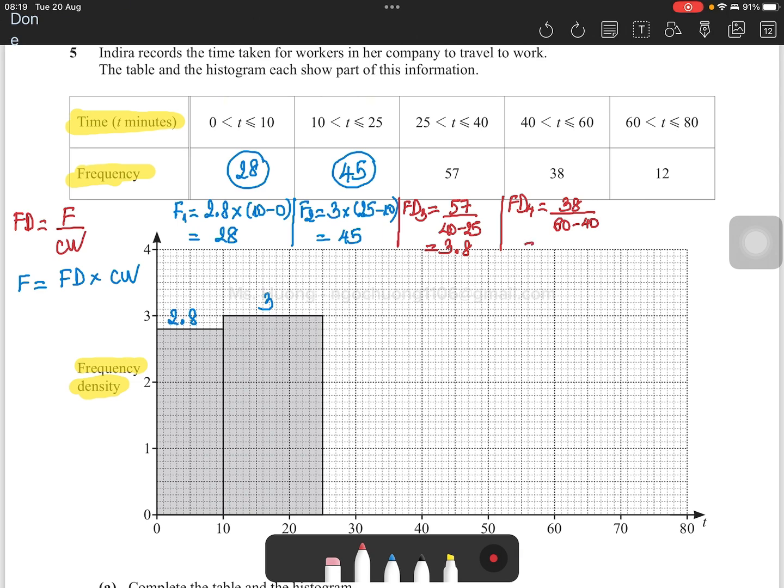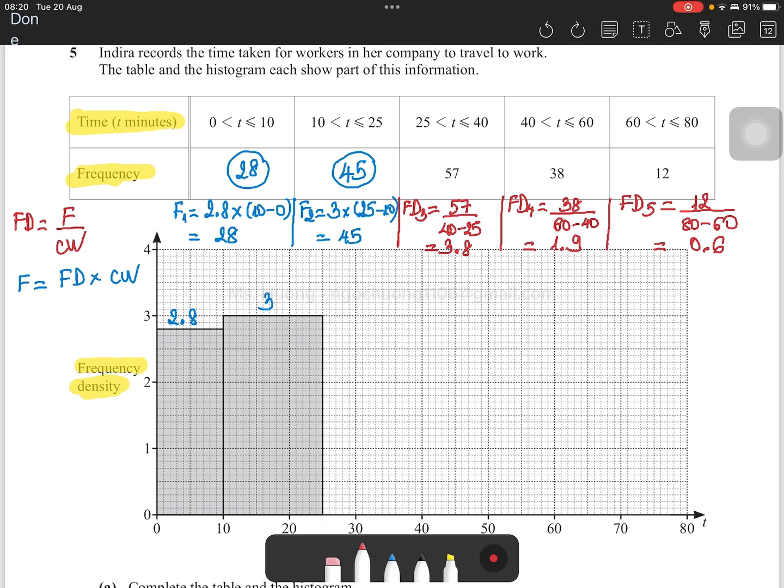So this is 38 divided by 20, which is 1.9. Finally, the frequency density of the fifth block is frequency 12 divided by class width, 80 minus 60, equals 12 divided by 20. So the answer is 0.6.